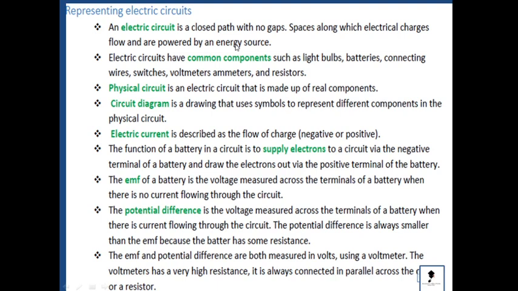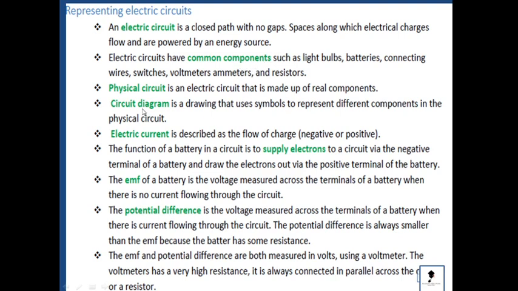And normally in our simple circuit, our source of energy which pushes the charges when they are at rest is a battery. When you take any simple electric circuit, it contains certain things that we normally see. Examples of them are the light bulbs, the battery, the switches, the voltmeter, the resistors, which we are going to be discussing. When you put all these things together, those are what we call the components of an electric circuit.